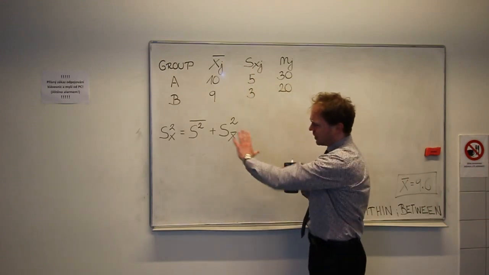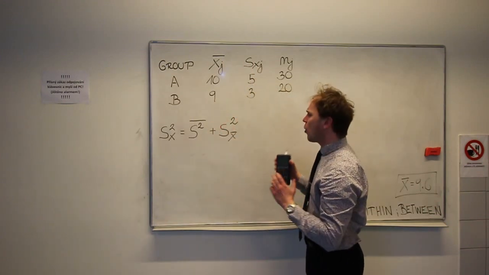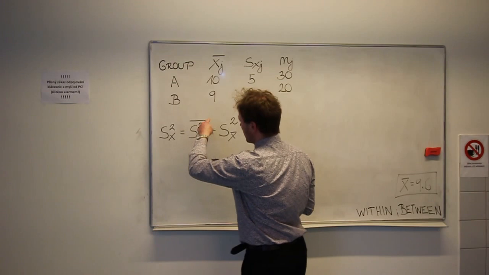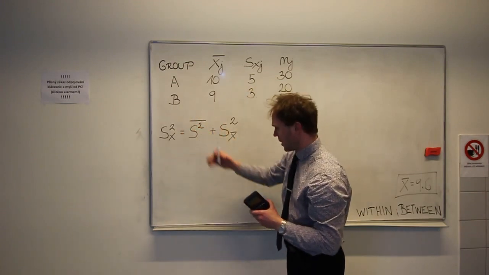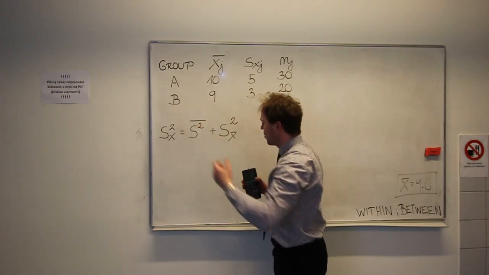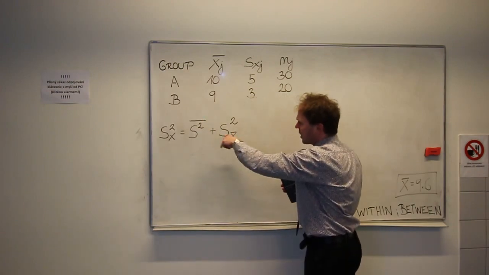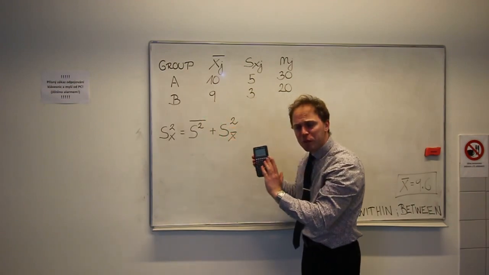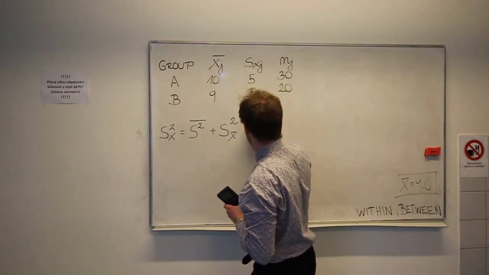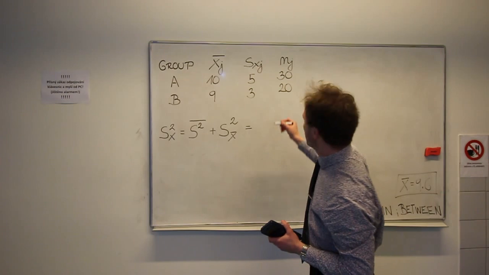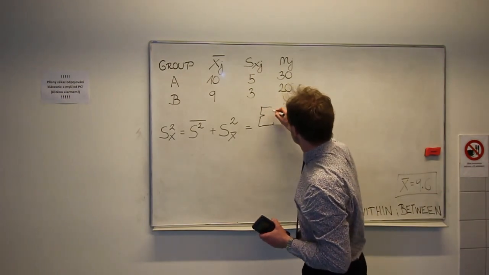So it will be a summation of two parts, the mean of variances plus the variance of means.